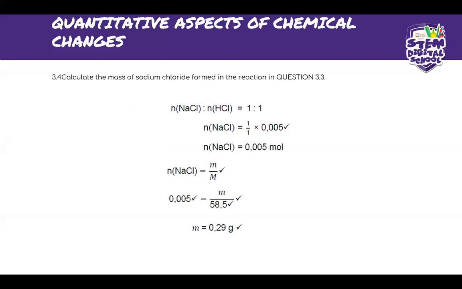Okay. So now they say calculate the mass of sodium chloride formed in the reaction in question 3.3. You see how these questions follow each other. If your first answer is wrong, then everything else is going to be wrong in that question.